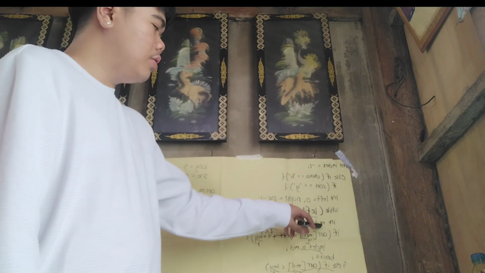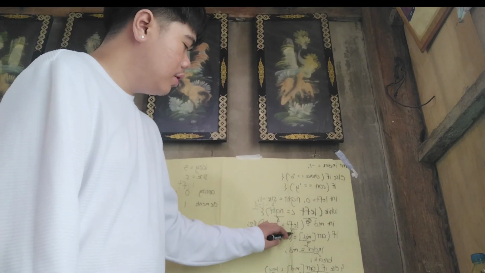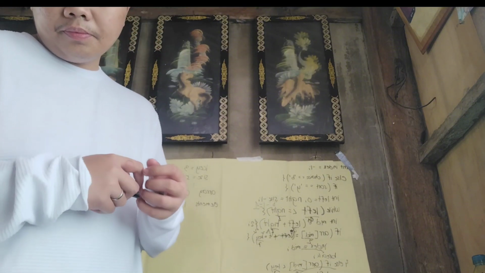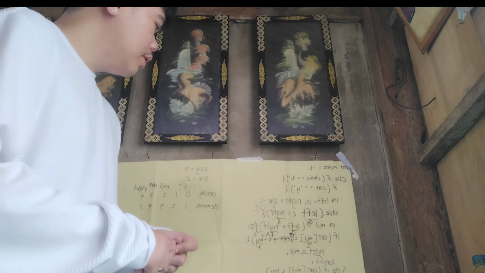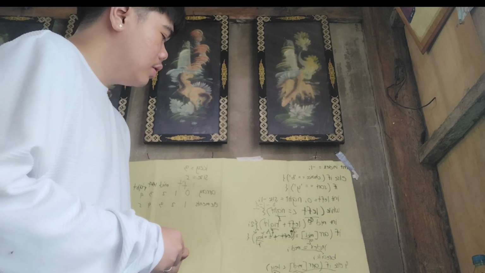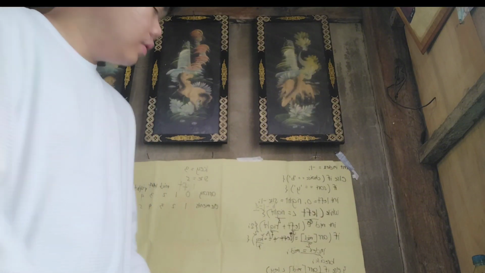And the compiler will read again the integer mid, where our left is 3 now, plus our right 4. So 3 plus 4 is equal to 7.